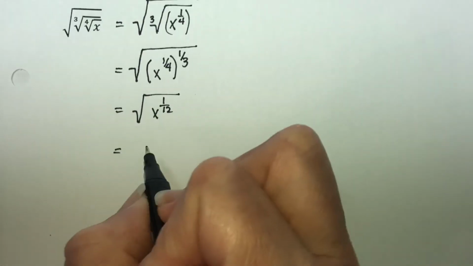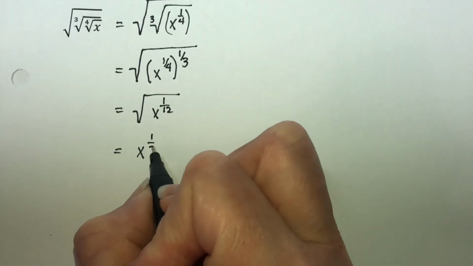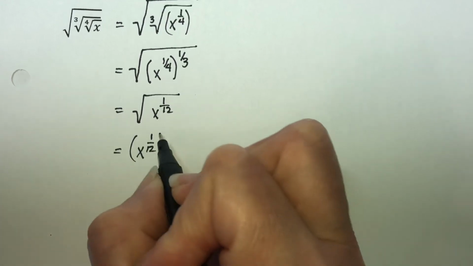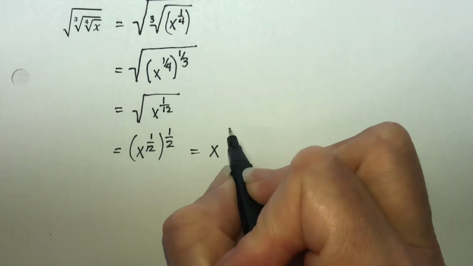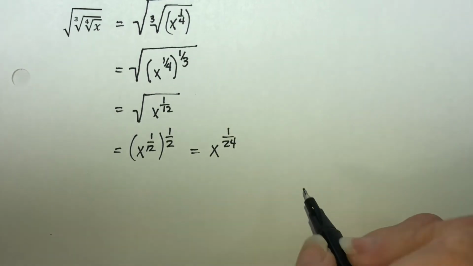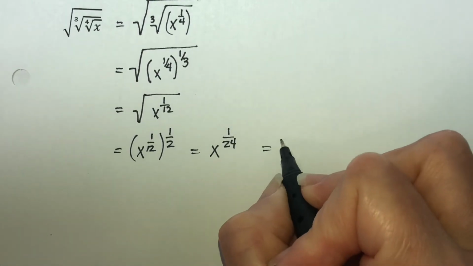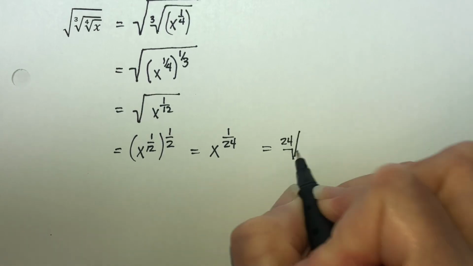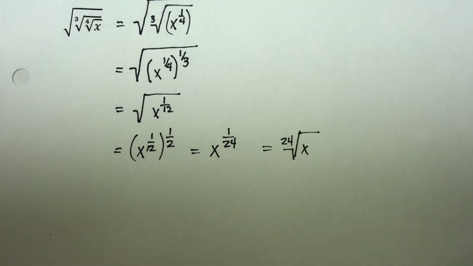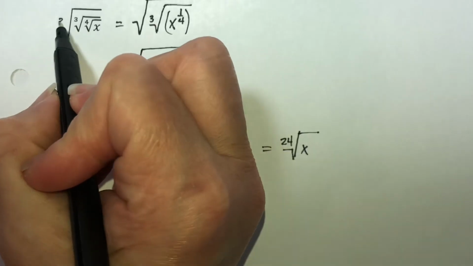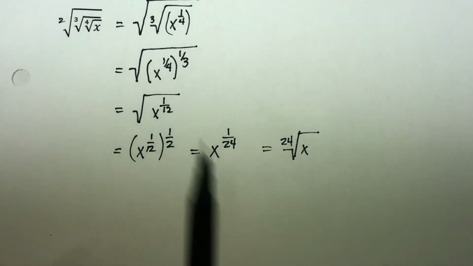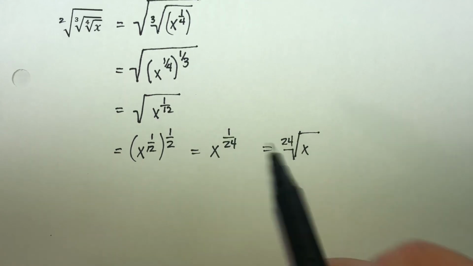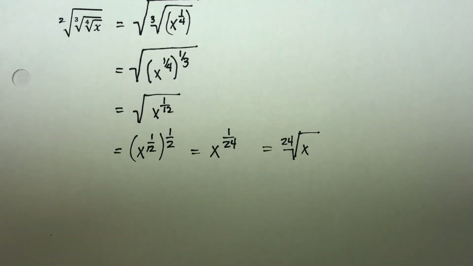Now this is the same thing as x to the 1/12 to the 1/2. Multiply those exponents, you get x to the 1 over 24, which is the same thing as the 24th root of x. Now in this case, you are just multiplying the indices. That's not always going to be the case because it's not always going to be to the first power here. So you can't use that as your rule.